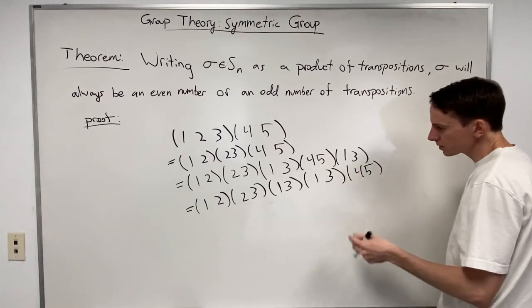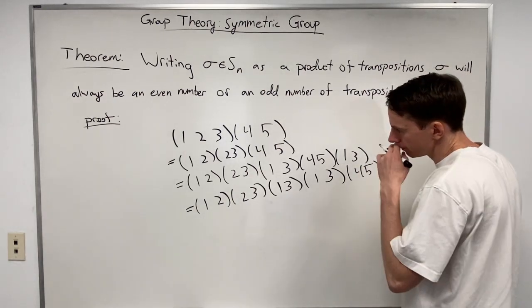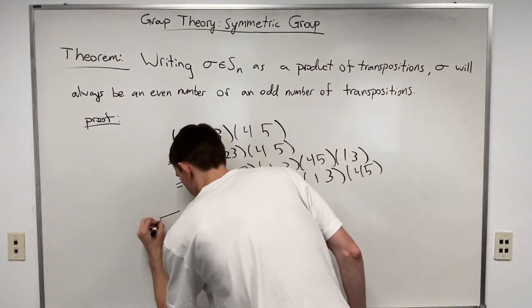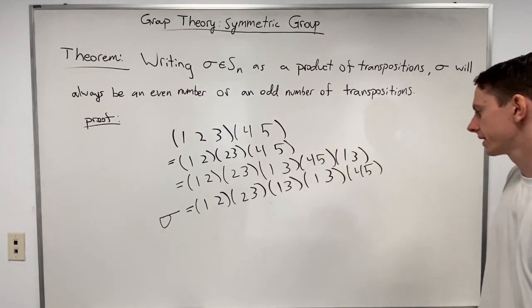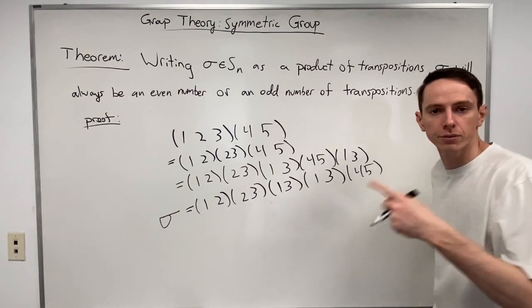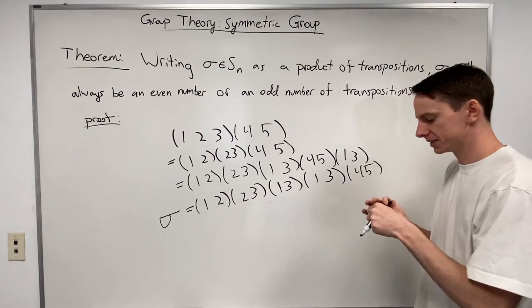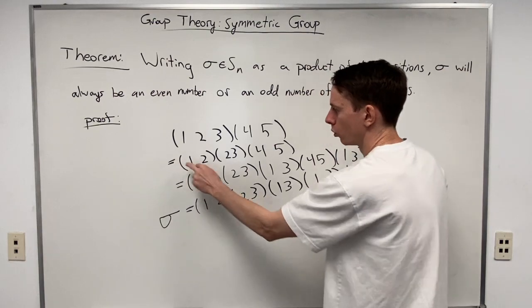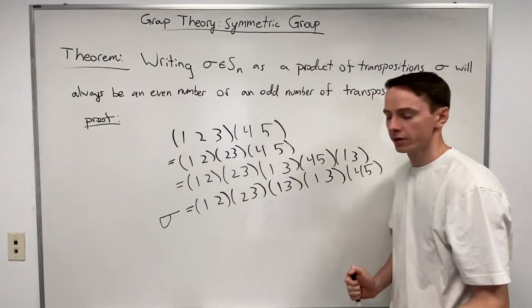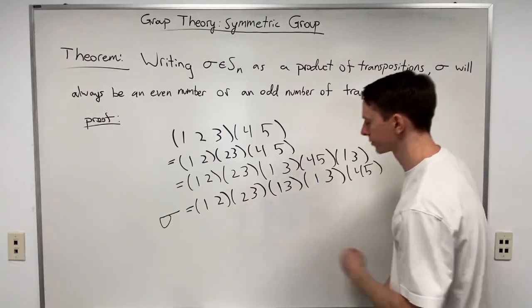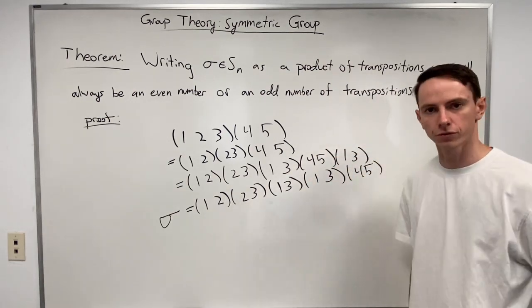Now, let's say this is sigma. Let's say that sigma acts on the number 1 or the number 3, because that's the difference between this original line, (1 2)(2 3)(4 5), and this bottom line, (1 2)(2 3), two factors of (1 3), before (4 5).